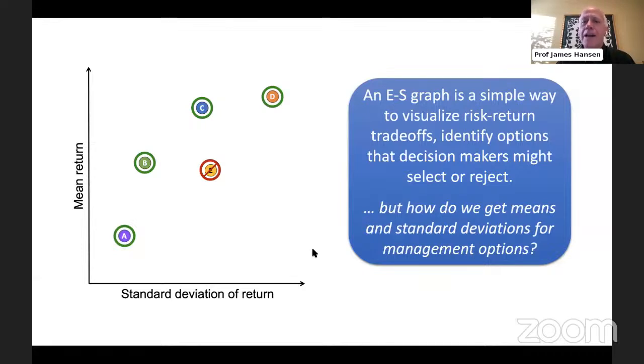It's also an analytical tool that can identify options that some decision makers might select, but also other options that no decision maker would accept or would consider. So it's a useful tool in decision analysis. But then it begs the question, how do we get means and standard deviations for different management options?